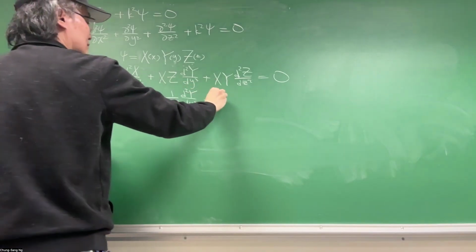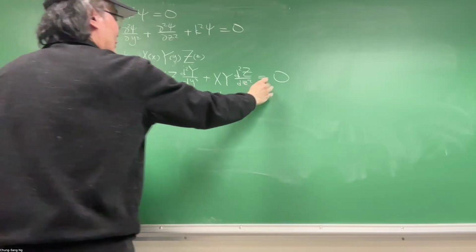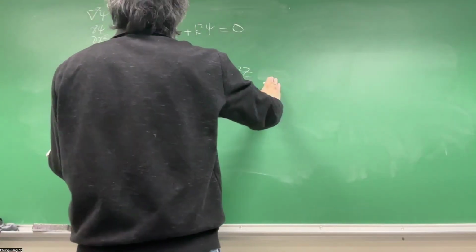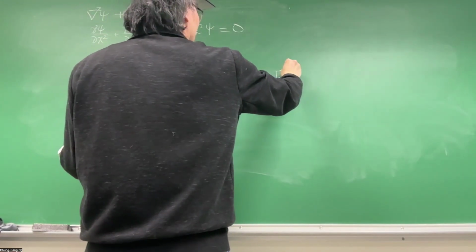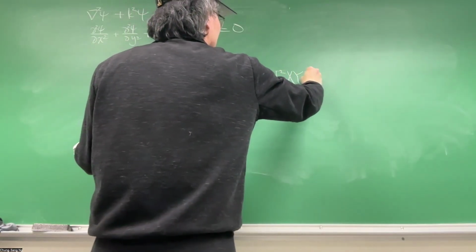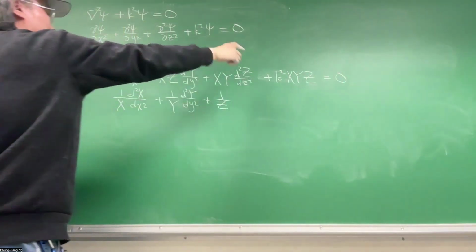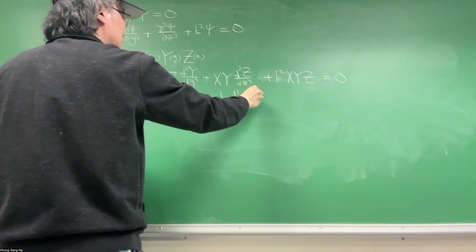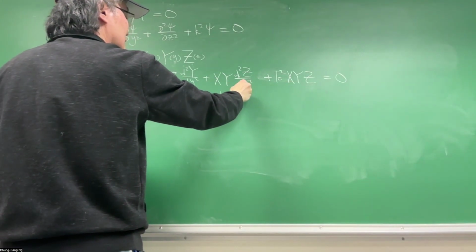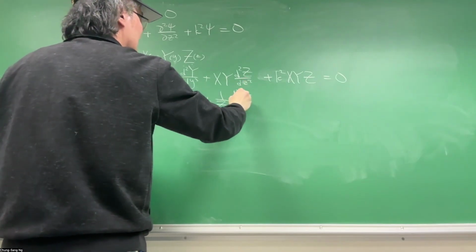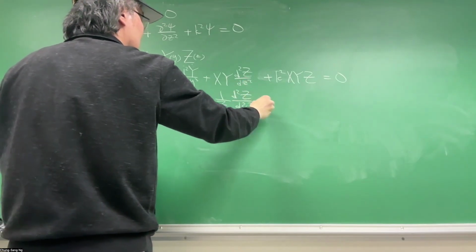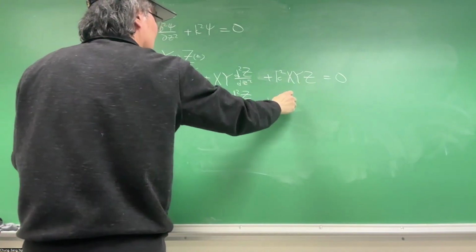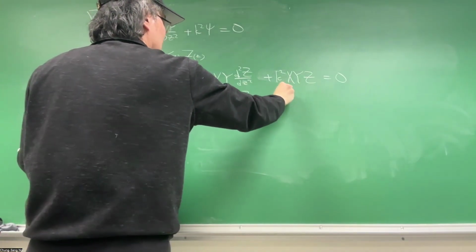The third term is 1 over Z, d squared Z over dz squared. I forgot the k squared, X, Y, Z. I forgot the Helmholtz equation has a linear term, k squared. And finally, the right side of the Helmholtz equation becomes just a constant.